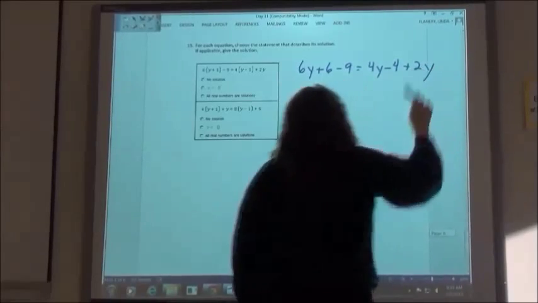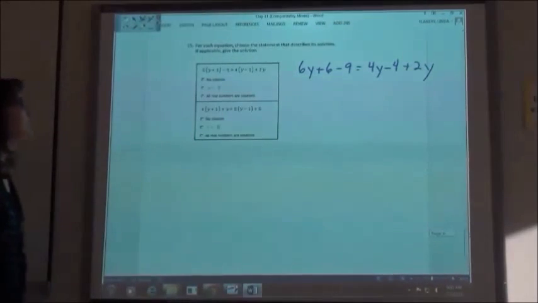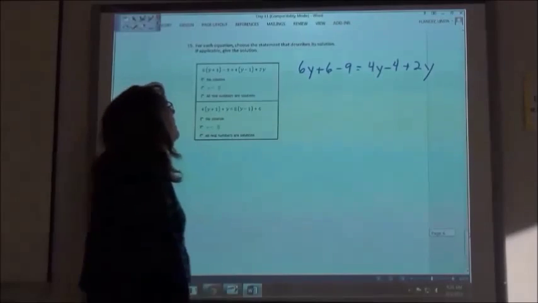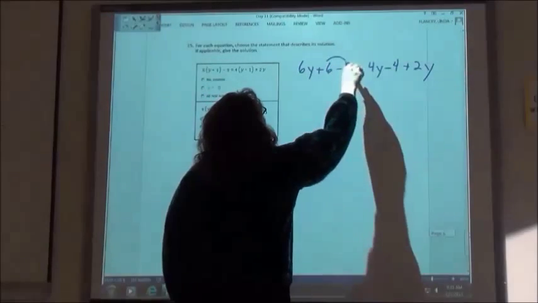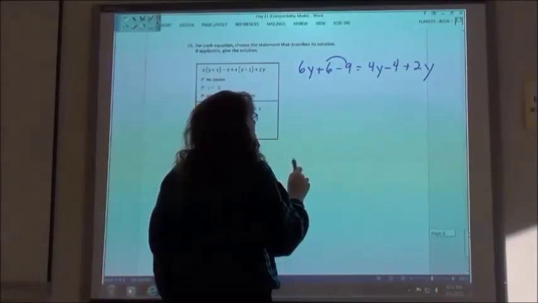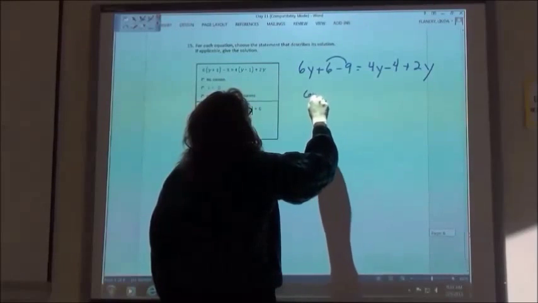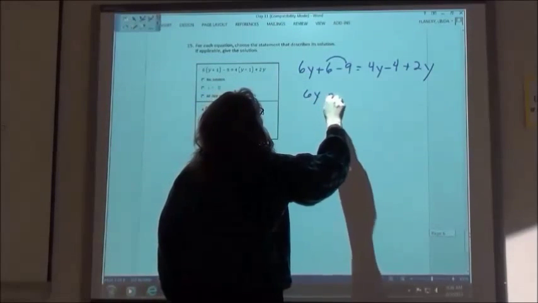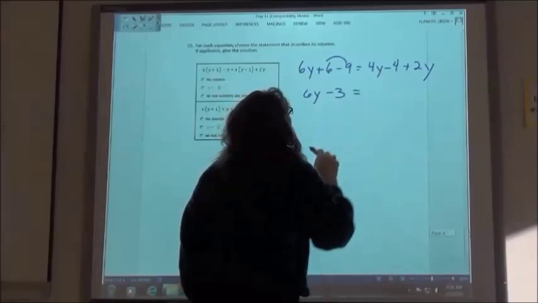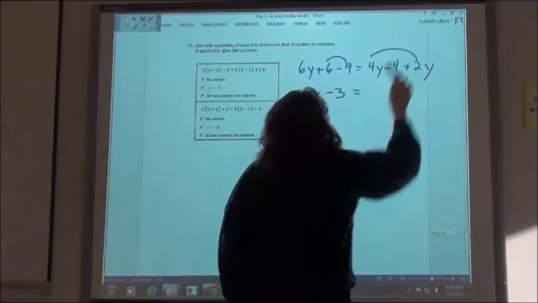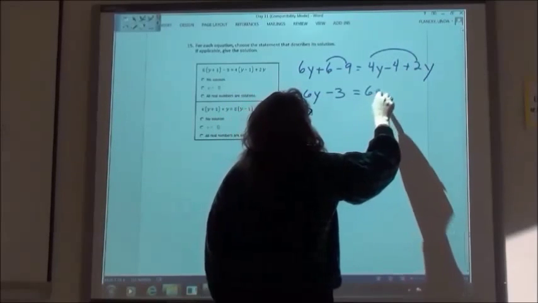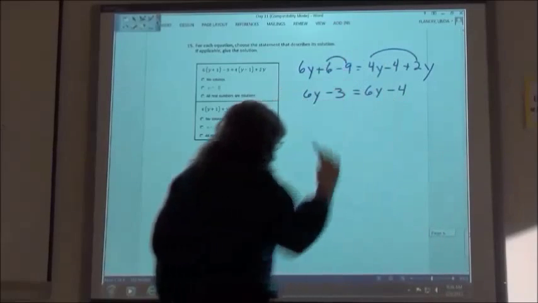Exactly. Keep going. Okay, so then you add the 6 and the negative 9. 6 minus 9 is negative 3, so it'll be 6y minus 3 equals 6y minus 4. Great. Keep going.